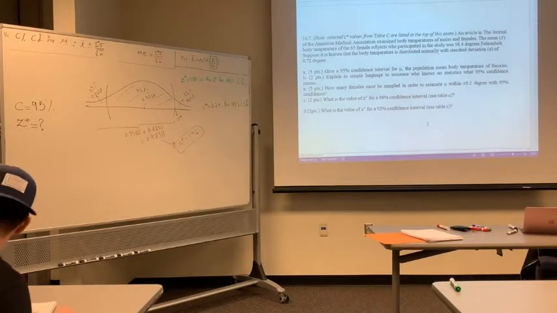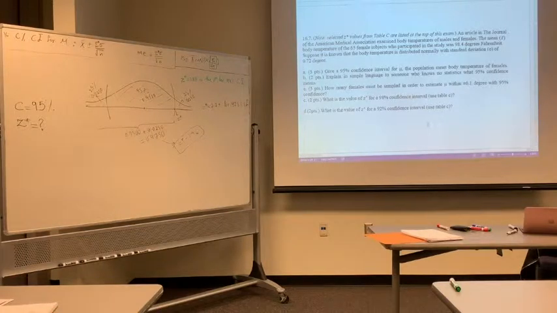It says an article in the Journal of the American Medical Association examined body temperatures of males and females. The mean body temperature of the 65 female subjects who participated in this study was 98.7 degrees Fahrenheit. Suppose it's known that the temperature is distributed normally with a standard deviation sigma of 0.72.